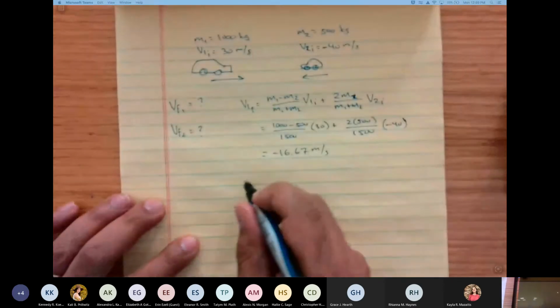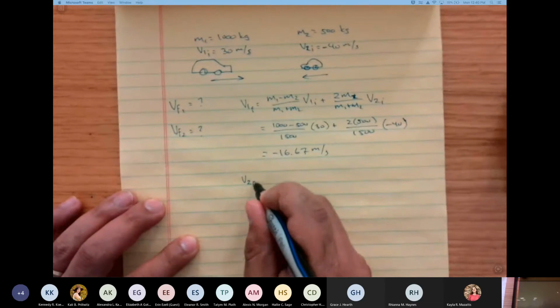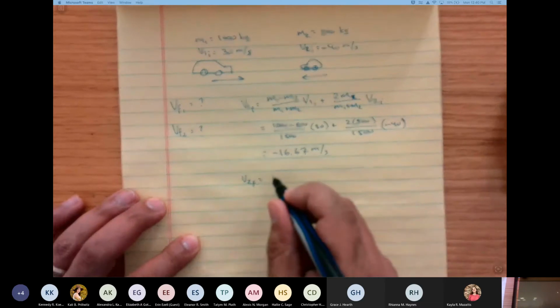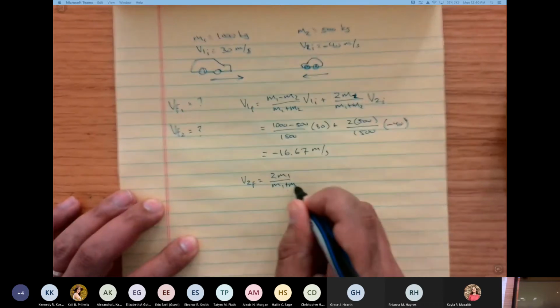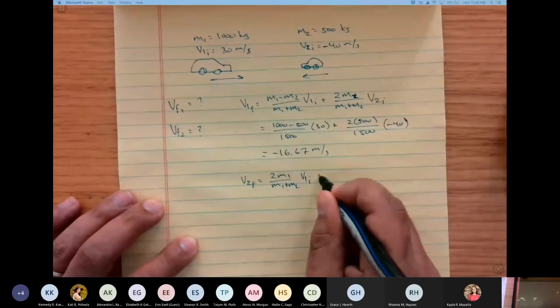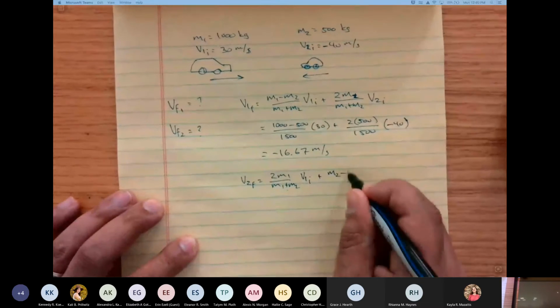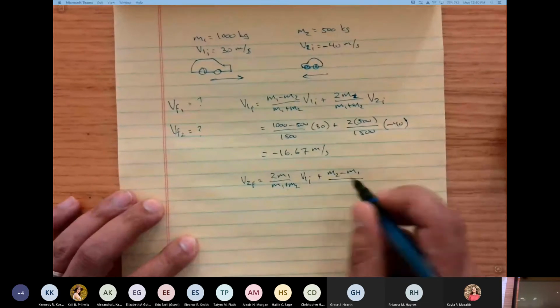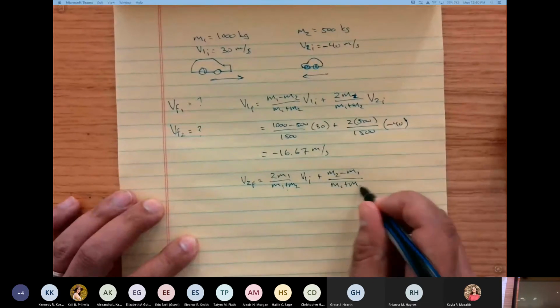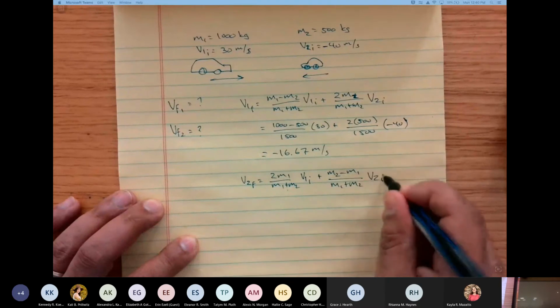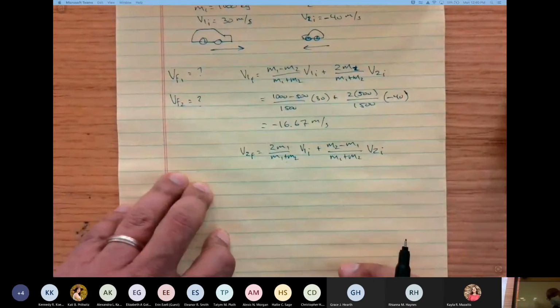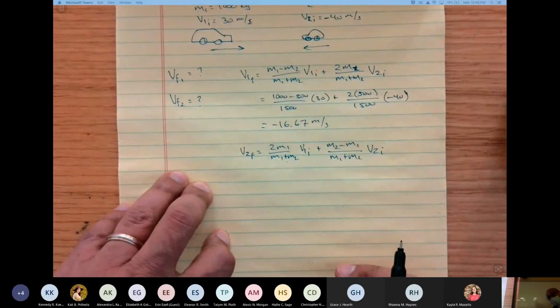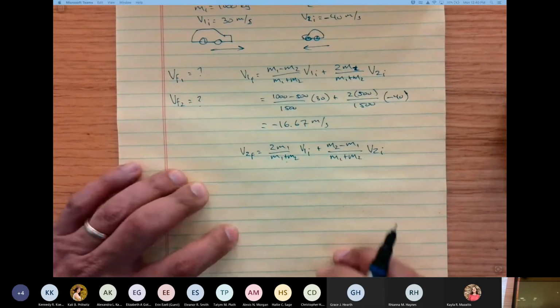For the second car, we're going to have 2m1 over m1 plus m2 times v1 initial, plus m2 minus m1 over m1 plus m2 times v2 initial.